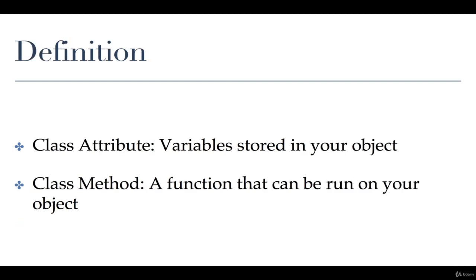So some definitions, guys. We're going to learn what the difference is between a class attribute and a class method. A class attribute is basically a variable that's stored in your object. If you've gotten up to the data chapter in this course, around chapter 6, we started using something like the iris dataset, which is a dataset of flower petals.